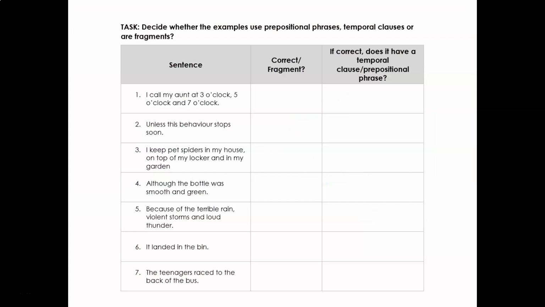Okay, let's have a look then. So I want you to, for each one, decide: is it correct, i.e. is it a sentence, or is it a fragment? If it's correct, does it have a temporal clause or a prepositional phrase? Does it tell us what time?